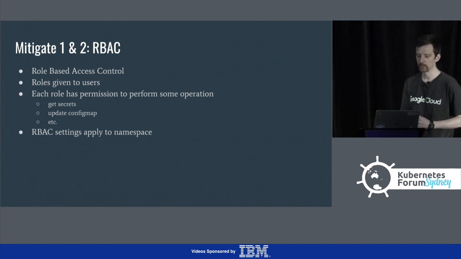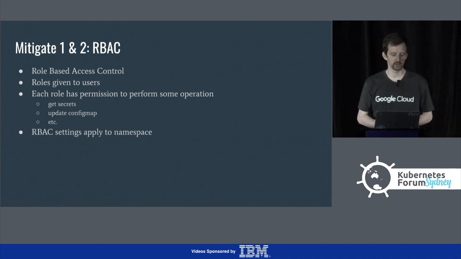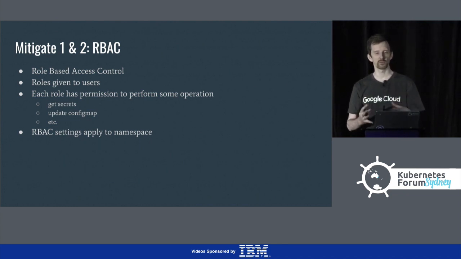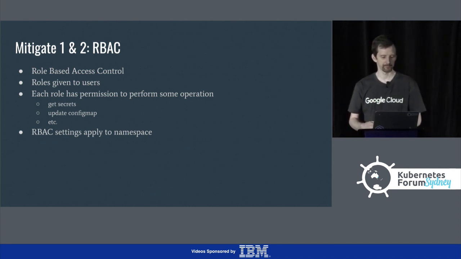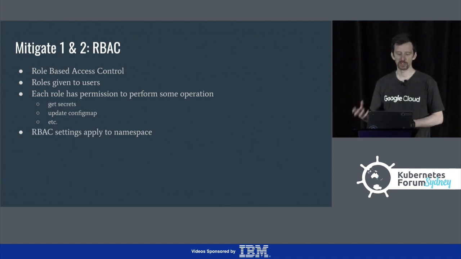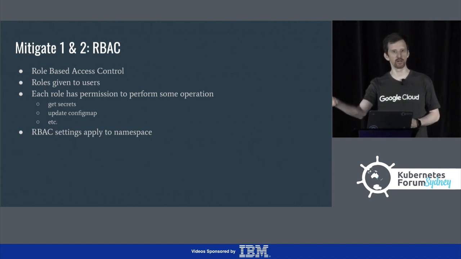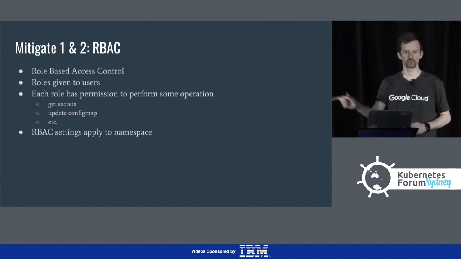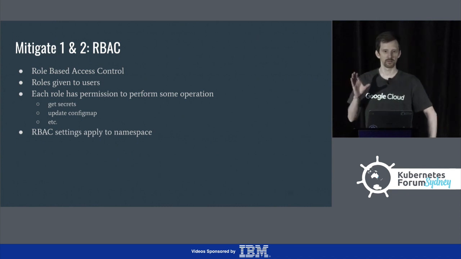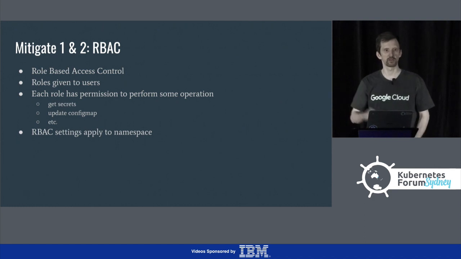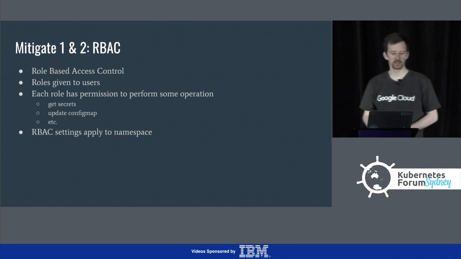And what this is, is role-based access control. It's essentially a way of giving roles to users, and associated with each of those roles are permissions for interacting with objects in the Kubernetes API. Those permissions look something like a verb and a noun, like get secrets, or update config maps, or watch objects, that kind of thing.